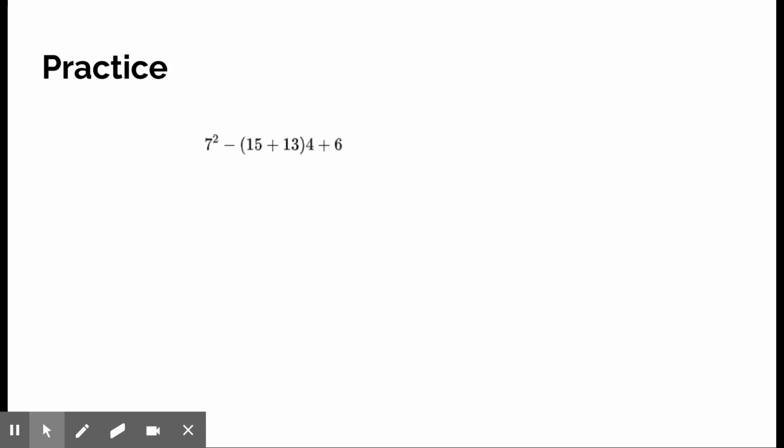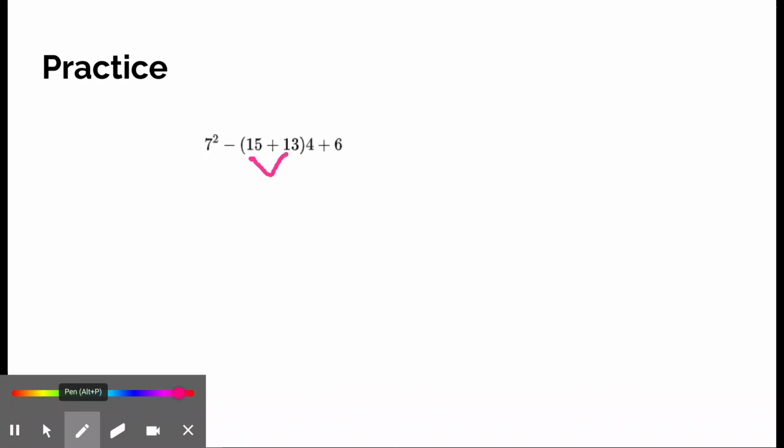All right, so we're going to do a tiny bit of practice here. We've got 7 squared minus the quantity 15 plus 13, times the quantity 4 plus 6. So we need to do our parentheses first. 15 plus 13 is going to give you 28.